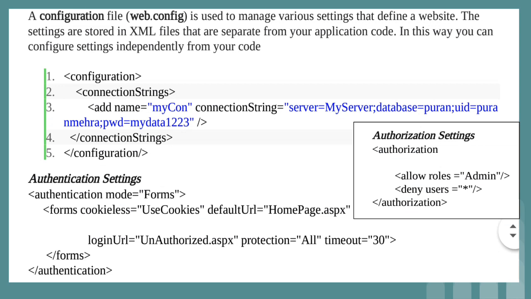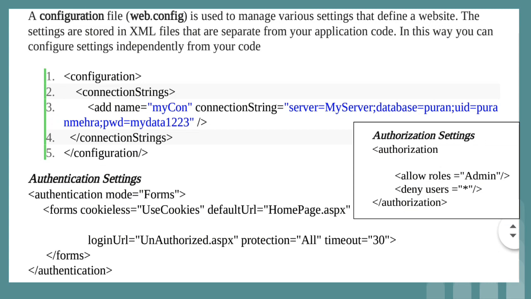So the configuration file basically consists of so many tags, and these tags are not HTML tags. The web configuration file is a type of XML file which contains its own tags.